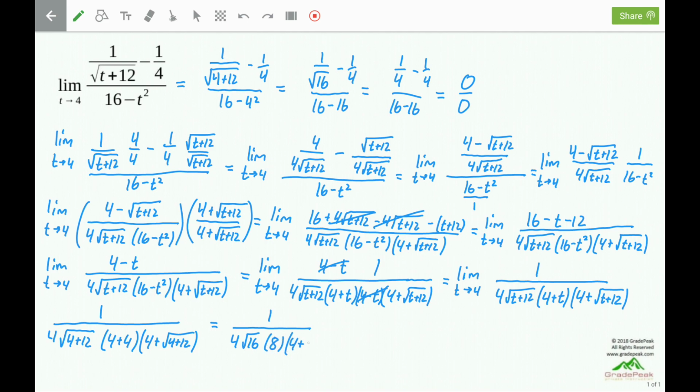And then 4 plus the square root of 4 plus 12 is 16. I can multiply this 8 and this 4, and that will give us a 32. The square root of 16 is a 4. And then 4 plus, again, the square root of 16, which is a 4.